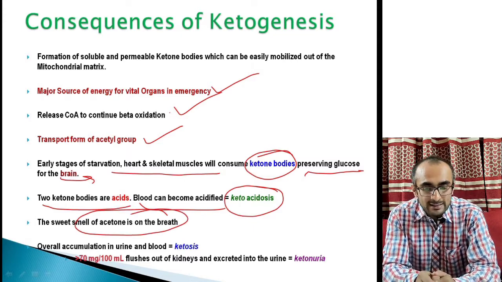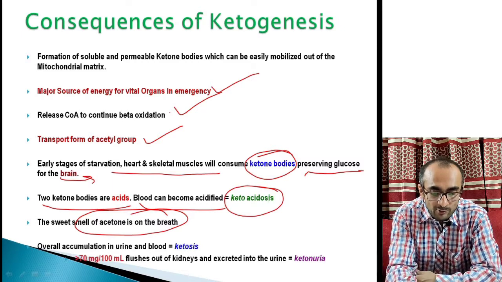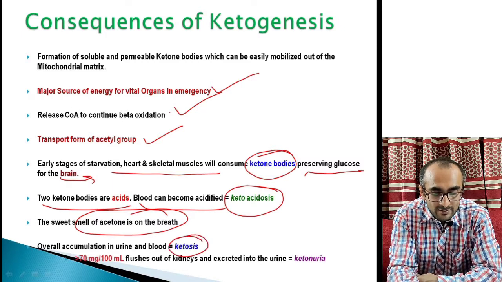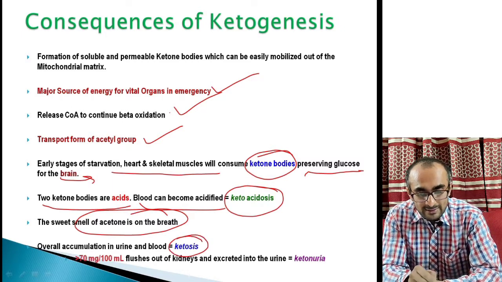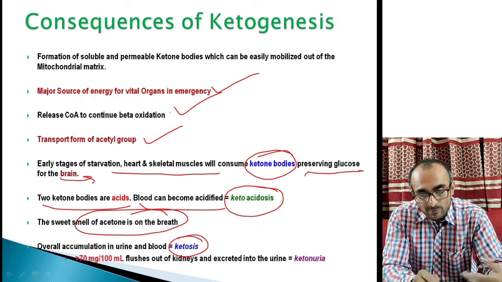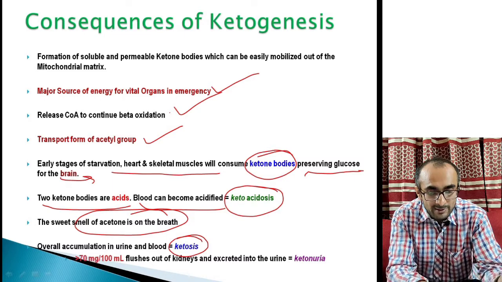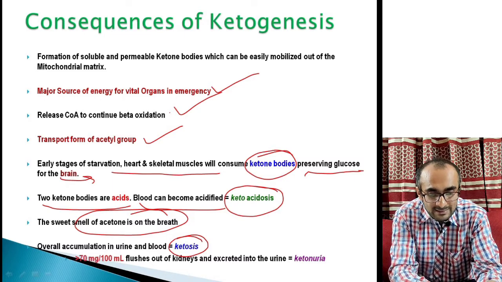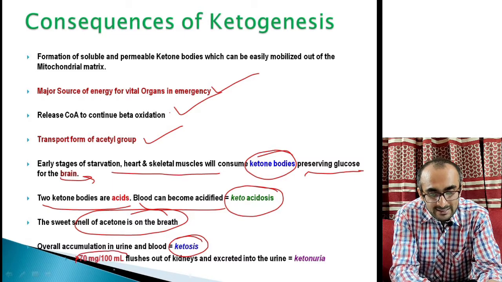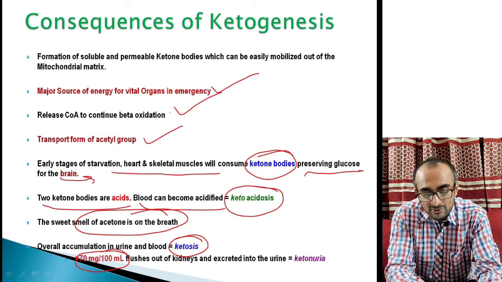Overall accumulation in urine and blood of ketone bodies is called ketosis. And generally in case of a high concentration of ketone bodies in blood, it gives rise to more than 70 mg per deciliter concentration of these ketone bodies in urine, and that is called ketonuria.